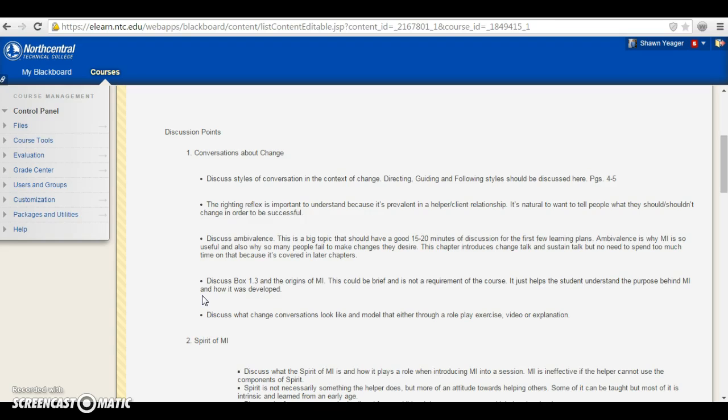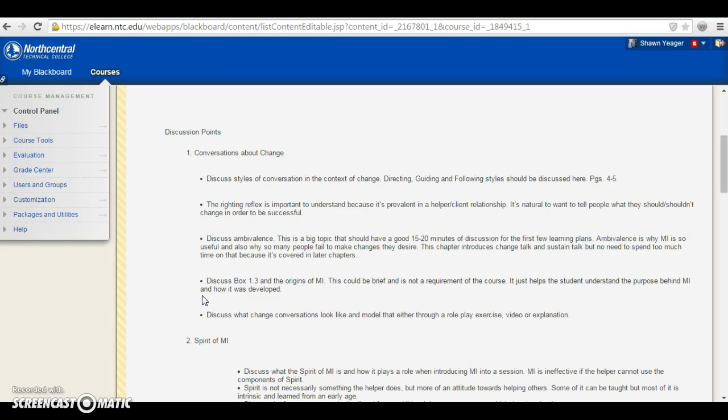And I know the Department of Corrections is heavily, heavily focused on using MI with offenders. So it's becoming more and more popular because there is more and more research that supports that it works. And so that's why you're taking this course, and hopefully this will be beneficial to you when you start seeking employment, or when you move on to a 4-year degree.